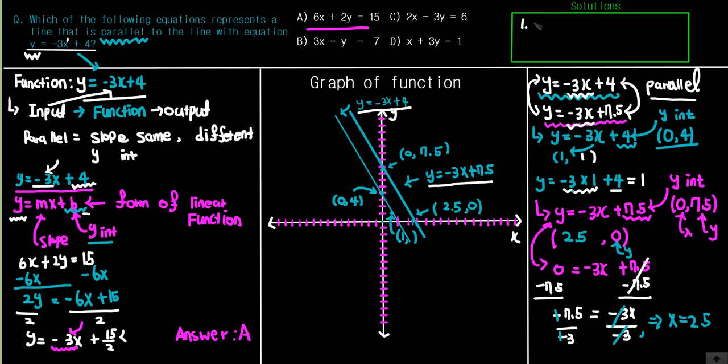At first, we figure out that in the case when they are parallel, the slopes are the same, but they have different y-intercepts. This is the main point that we figure out when it comes to solving this kind of question. The only thing we need to remember is that parallel just means the slope of these functions, in this case negative 3, is the same for both of them.